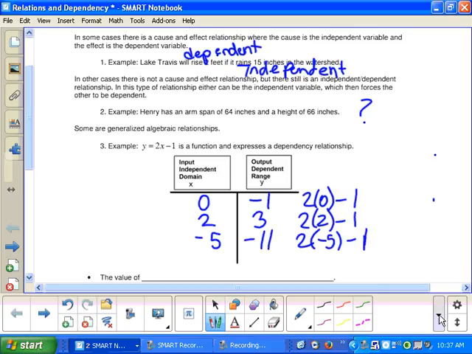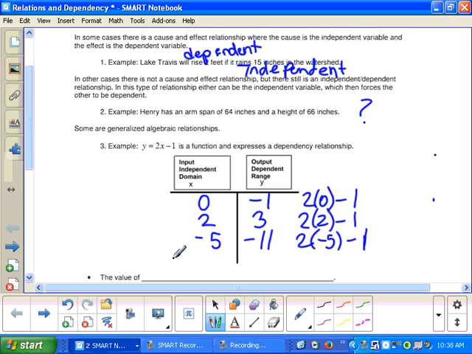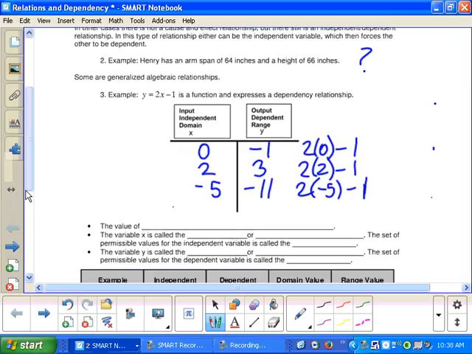So in this instance, you have input and output, where you're putting some kind of value in for x, and you're getting a result that's y. So in this case, what I'm going to write: the value of y depends on the value of x.